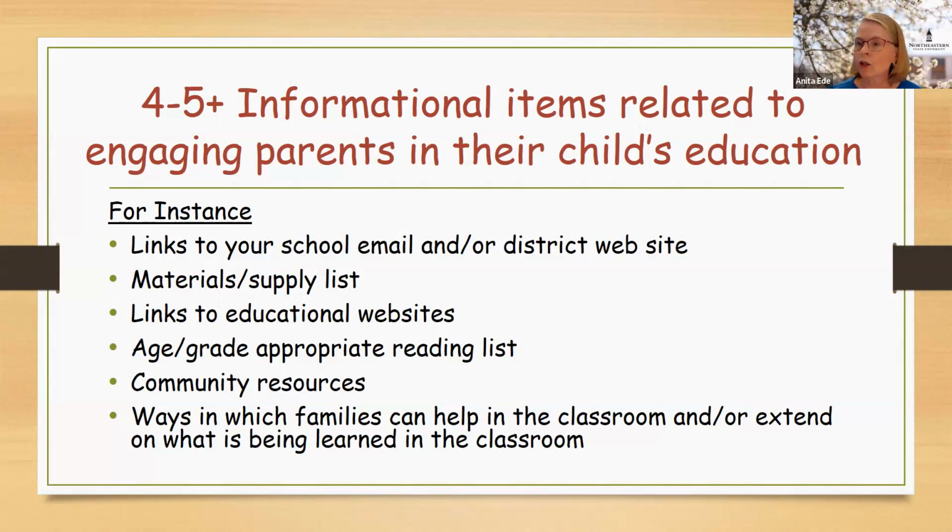Links to educational websites, and I mean actual links that parents just have to click on that you recommend for a kindergartner or a first grader or second grade or whatever. Age appropriate reading list. Again, figure you've got 2 parents that are accountants. How are they supposed to know what a kindergartner is supposed to read? Okay. Community resources, always good. Free resources for parents. Ways in which families can help in the classroom and or extend what is being learned in the classroom.